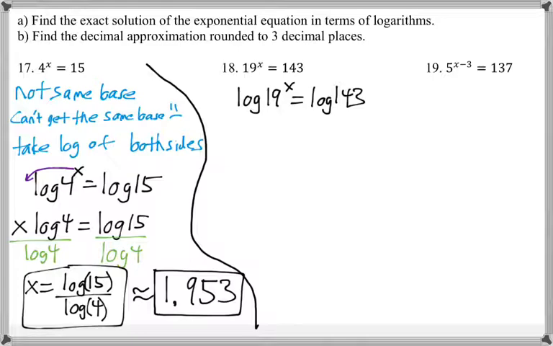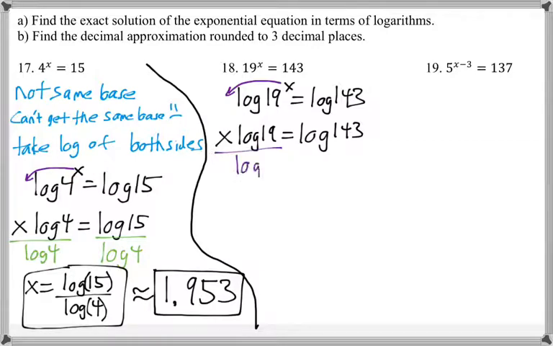And the advantage to having a logarithm is that you are allowed to bring down the exponents to the main level. So using the power rule, this is now x times log of 19 is equal to log of 143. So I need to solve for x, so I'm going to divide both sides by log of 19 and move that over there.